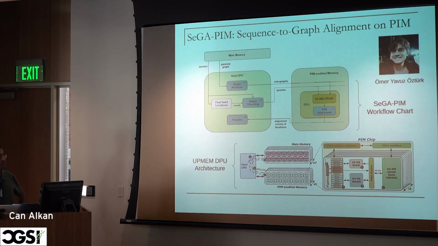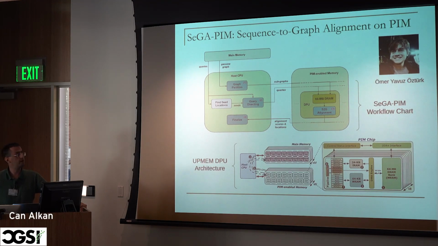So this is the current design, which is not yet implemented, but the idea is to divide the graph. Since the graphs are large, and in the UpMem DPU architecture every DRAM chip is only 64 megabytes, and every DPU can access only one DRAM chip, you have to divide your graph into chunks of 64 megabytes to be able to process each read independently from each other.